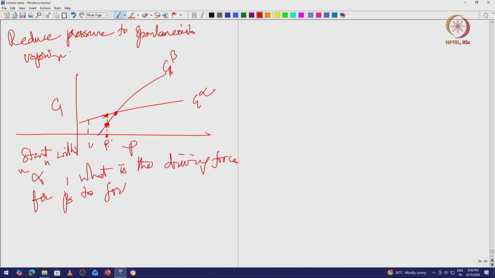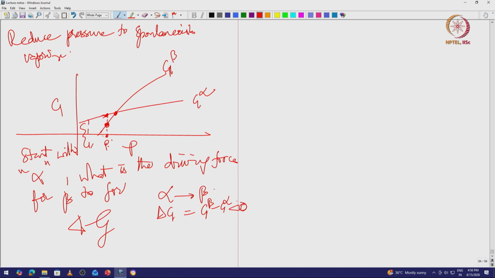So, can I estimate the driving force, and this driving force I am going to write as script g. So I start with alpha, right. So, I am looking at alpha to beta phase transition. So, I am going to define delta g as g beta minus g alpha, right, and this delta g is negative, right. So, g beta is less than g alpha.